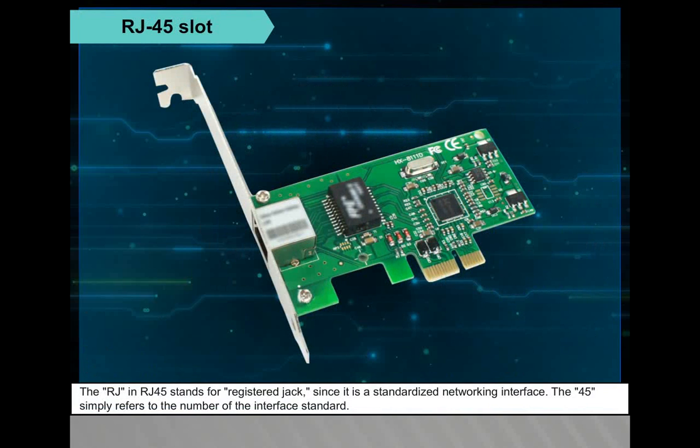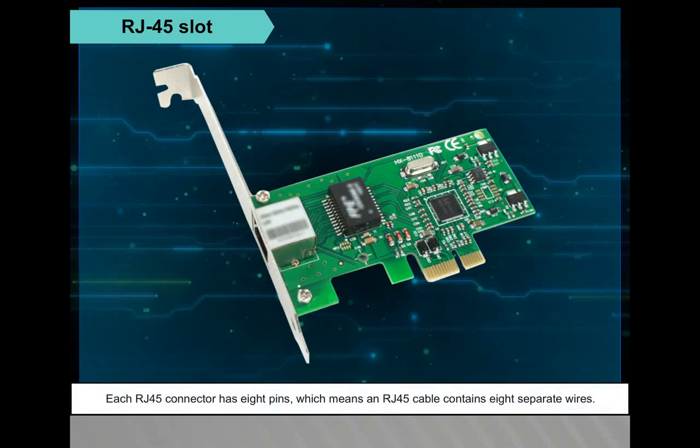RJ45 slot. The RJ in RJ45 stands for Registered Jack, since it is a standardized networking interface. The 45 simply refers to the number of the interface standard. Each RJ45 connector has 8 pins, which means an RJ45 cable contains 8 separate wires.